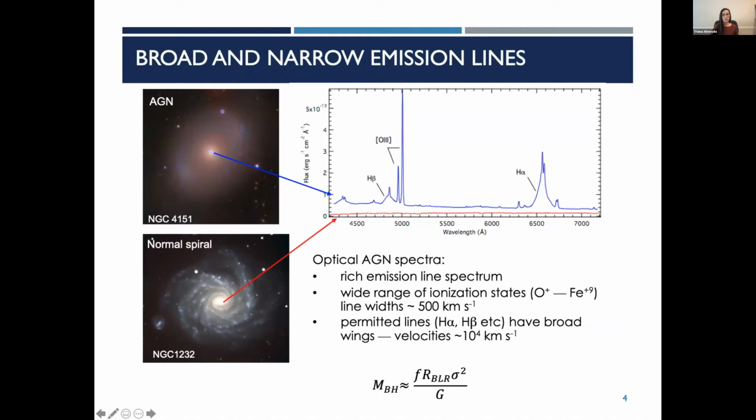These broad and narrow emission lines cover a wide range of ionization states, which gives us information about the ionizing continuum, but also the width of the broad line tells us how fast the gas clouds are moving, and then can be used along with an estimate of the size of the broadline region to determine the mass of the black hole.